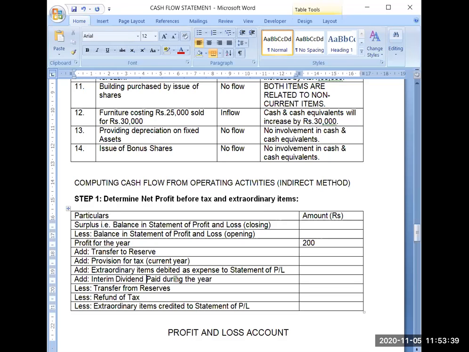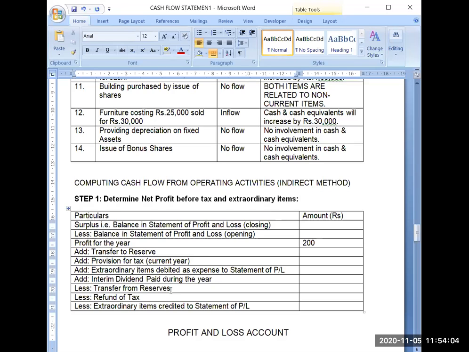So whatever dividend you have paid during the year will also be added, because dividend is always paid out of profits. So we have to add the transfer to reserves, any provision created for taxation, interim dividend paid during the year, and any extraordinary loss incurred during the year.